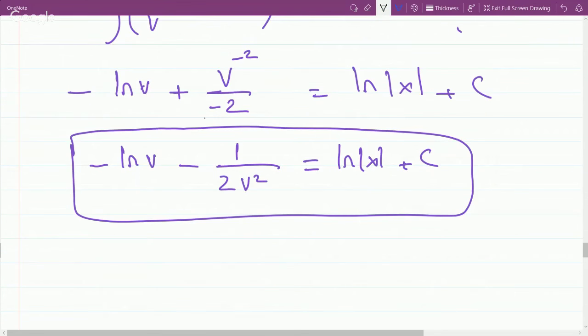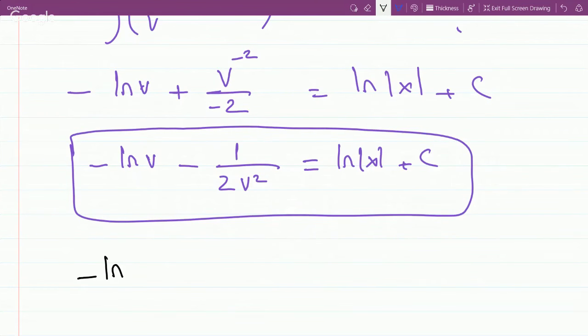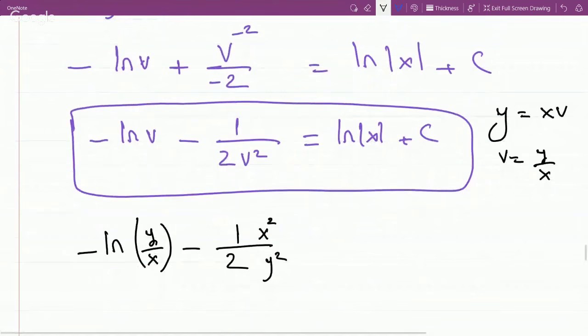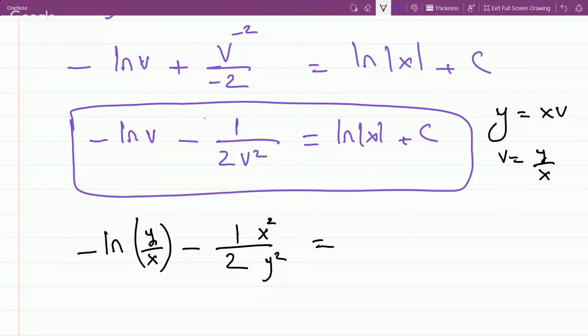Since y is equal to xv, v is equal to y over x. So we have minus ln of y over x, minus 1 over 2 times x squared over y squared, because this is y squared over x squared in the denominator, equals ln x plus c.